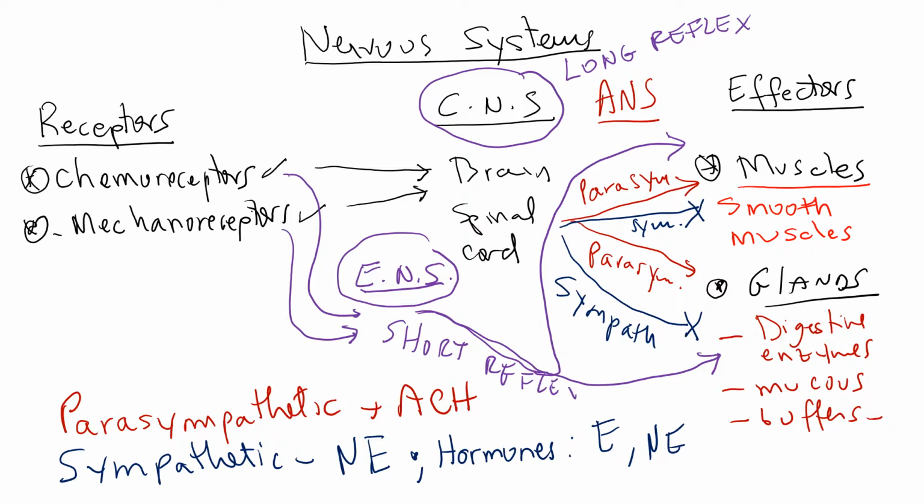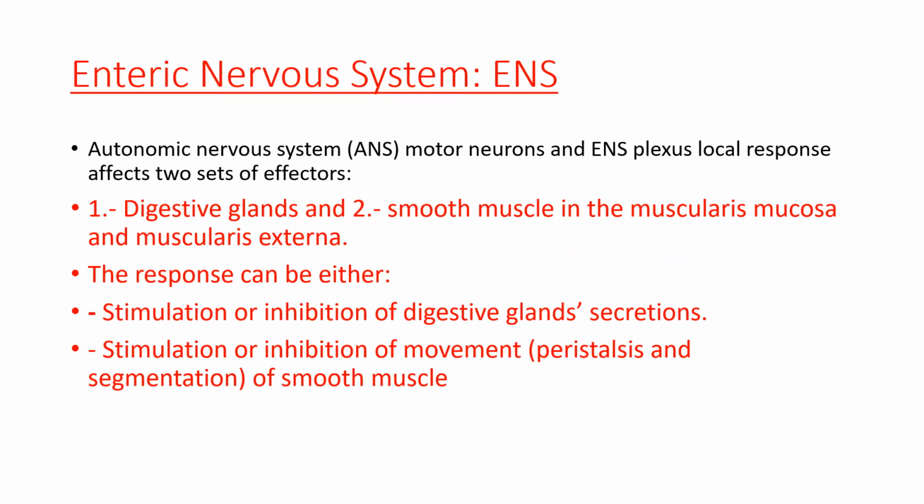The word reflexes denotes that this is autonomic. These are autonomic responses. So the GI tract is receiving stimulation from two sources: the central nervous system via autonomic nervous system motor neurons, and the enteric nervous system, which is local.